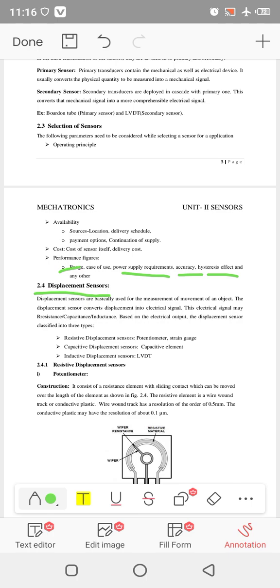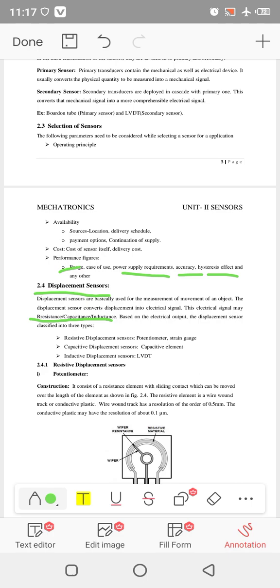These electrical signals are resistance, capacitance, or inductance based electrical outputs. It can convert into these three electrical signals.